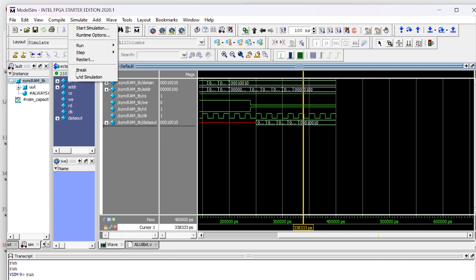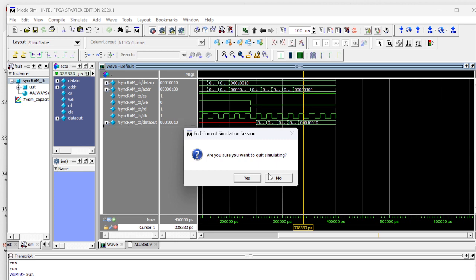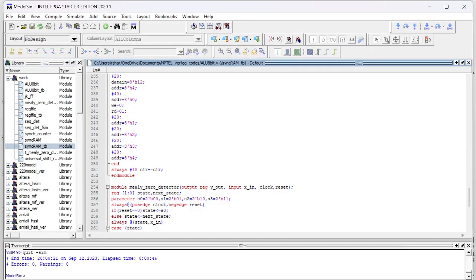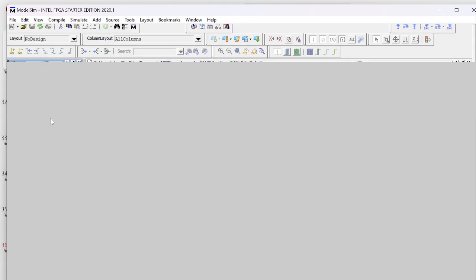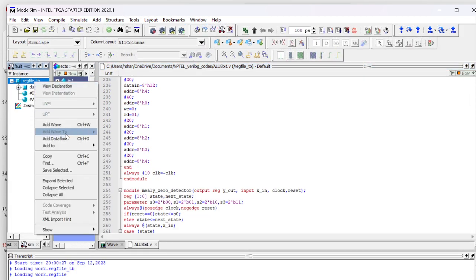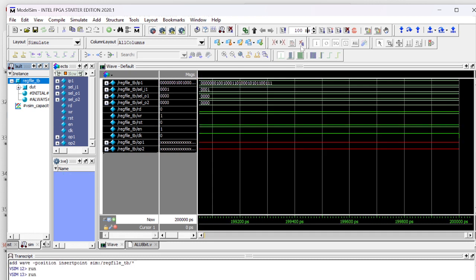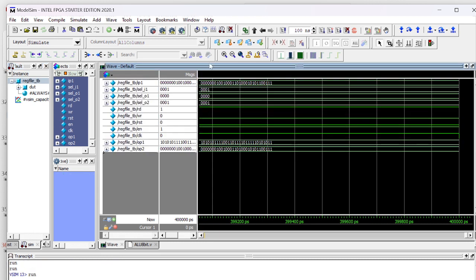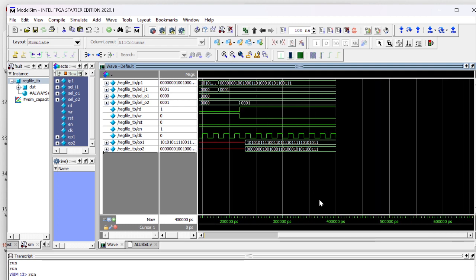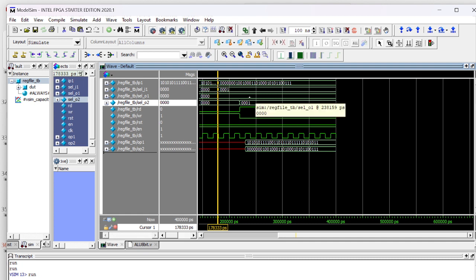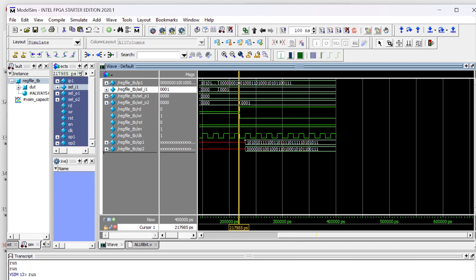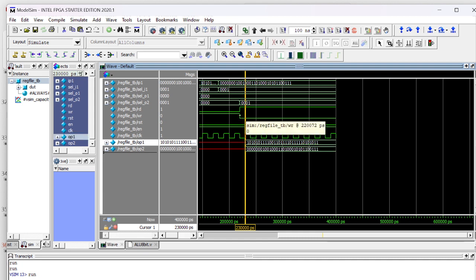And in the register file, so here also you can see first at 0, 0 we are writing one value, at 0, 1 we are writing another value, and then here we are performing the read operation.